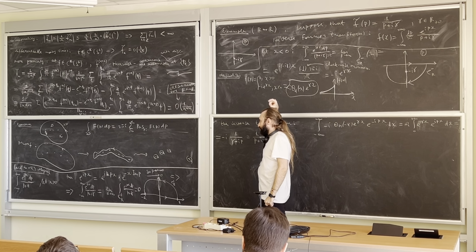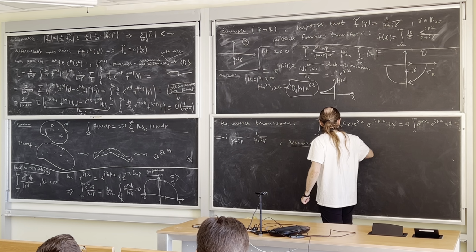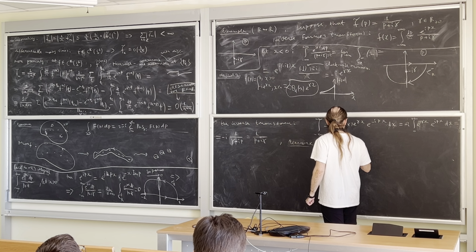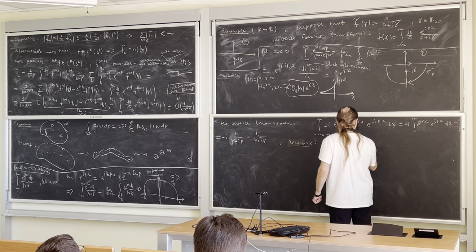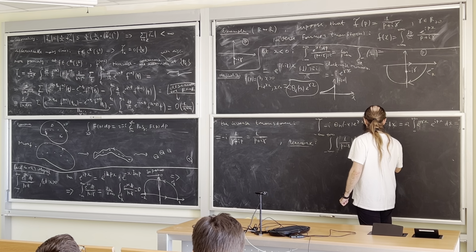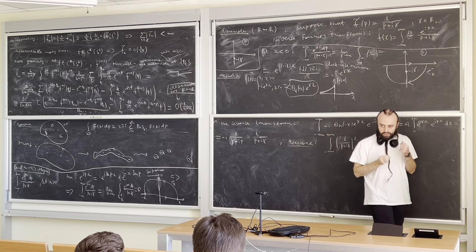The integral of the absolute value squared of this function is also convergent: the integral of absolute value of 1 over p plus i gamma squared dp over 2 pi is less than infinity. So it is also convergent, since we started from a more or less well-behaved function.